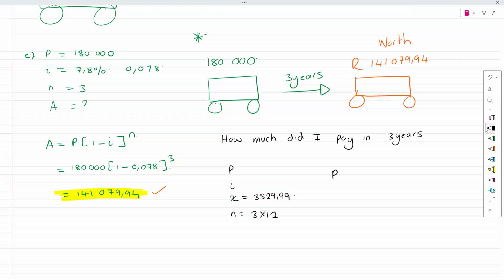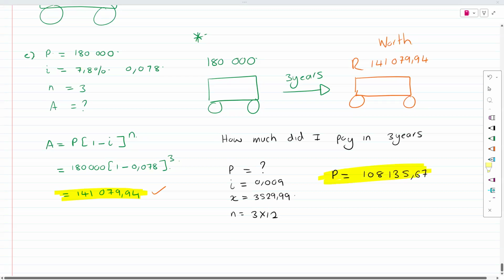So after I do this calculation, I find out that after 3 years, I paid back 108,135.67, right? Because my interest rate was 0.009. And after 3 years of paying, this is what I paid back. So this is only 3 years of paying, and that's what I paid back. So that's part two of the calculation.